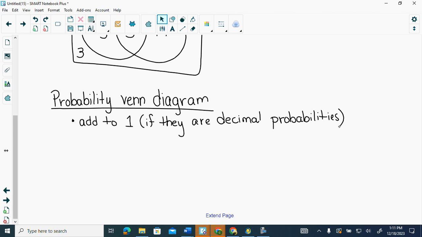Or what if they're percent probabilities? What do you think they add up to? 100. Add to 100% if they are percentages.